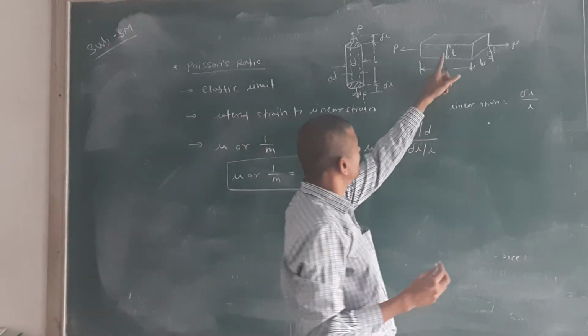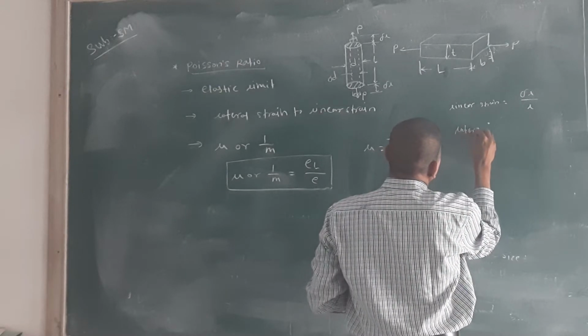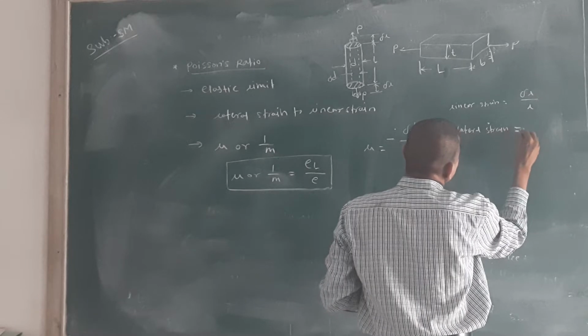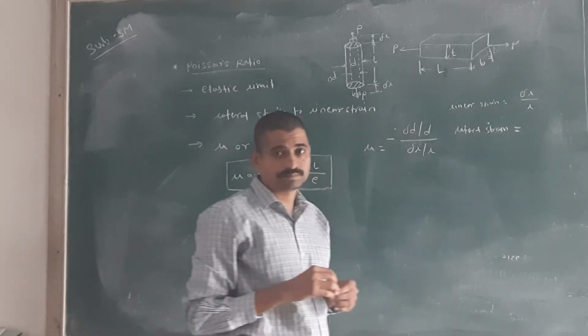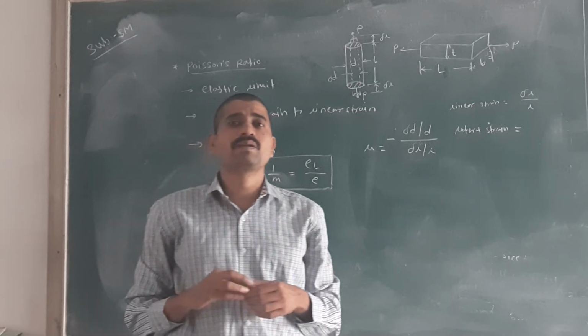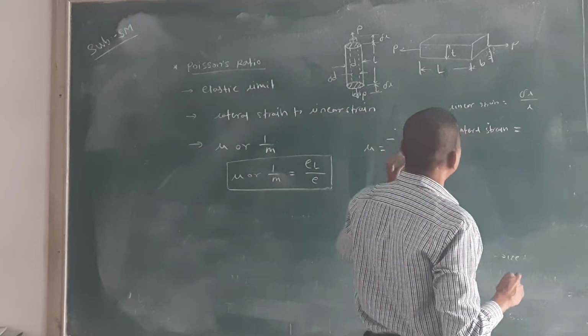And what is the lateral dimension of that component? Lateral strain: as we have already seen, the strain in the direction at a right angle to the applied force is known as lateral strain.